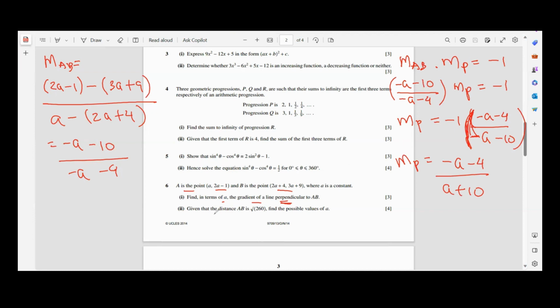And then for 6ii, it says given the distance AB is this, find the possible values of a.